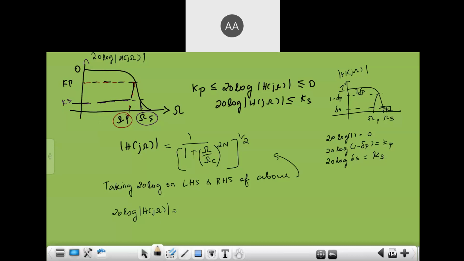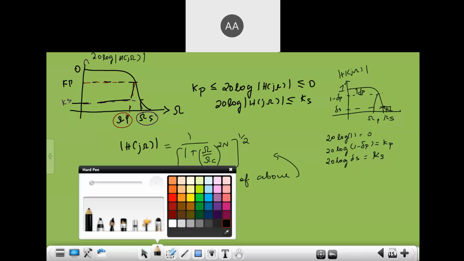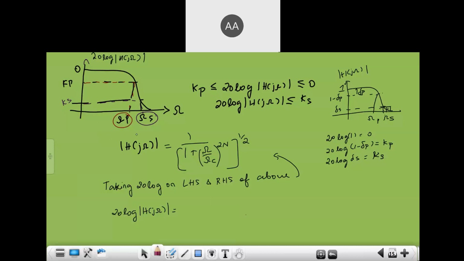This is equal to whatever equation I have written here, which is nothing but the magnitude response of the Butterworth filter. Generally this is how the magnitude response will be if the cutoff frequency and everything is given to you.